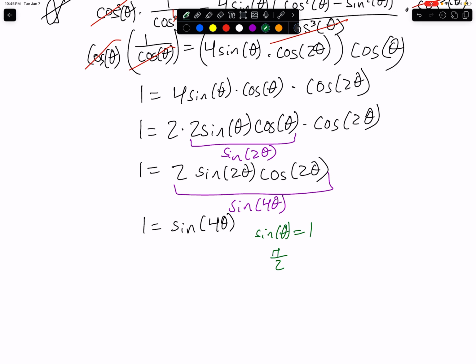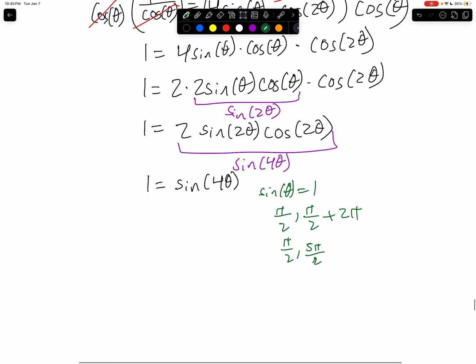So I'm going to pick 2 instances. If we add 2 pi here, right, if we have pi over 2 and pi over 2 plus 2 pi using coterminal angles, we'll have pi over 2, comma, 5 pi over 2. So we have the 4 theta, right? 4 theta equal to pi over 2 and 5 pi over 2.